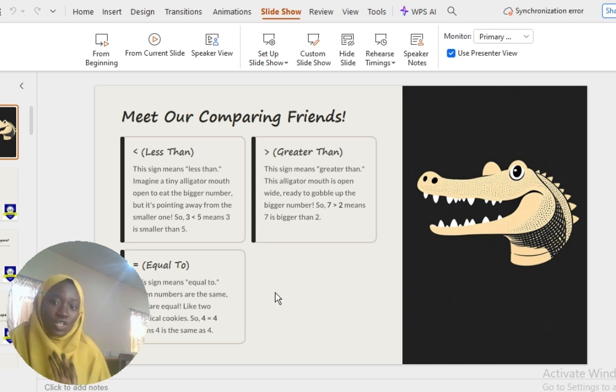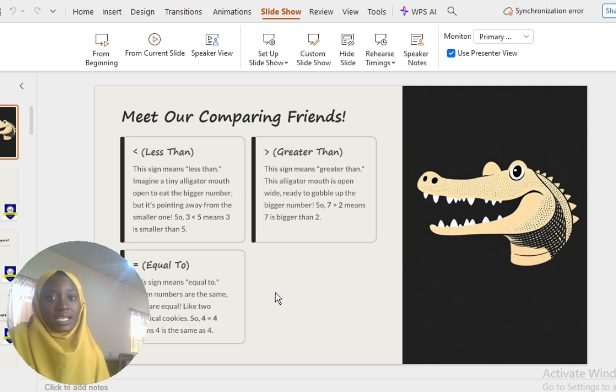You can see the picture over there as an indicator. The mouth is widely open, ready to eat the bigger number, but it's pointing away from the smaller number. For example, 3 less than 5 means 3 is smaller than 5, using that sign, right?